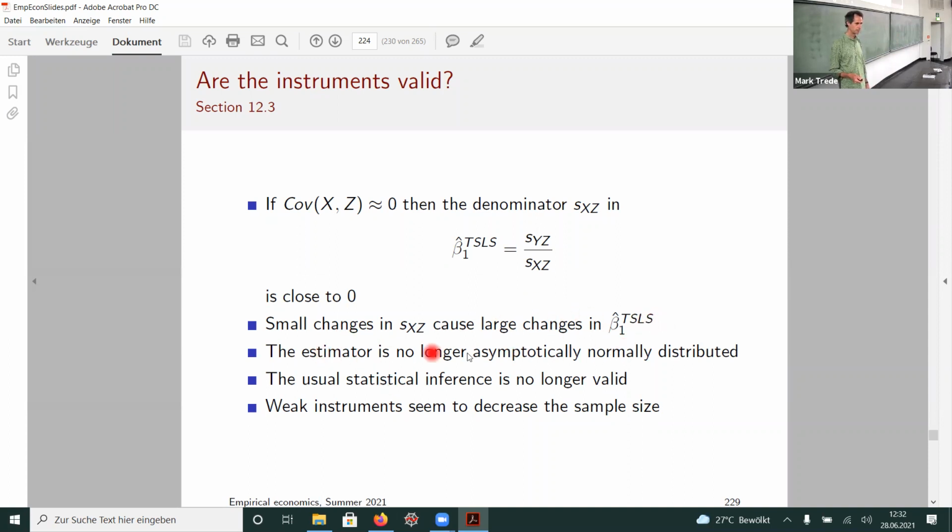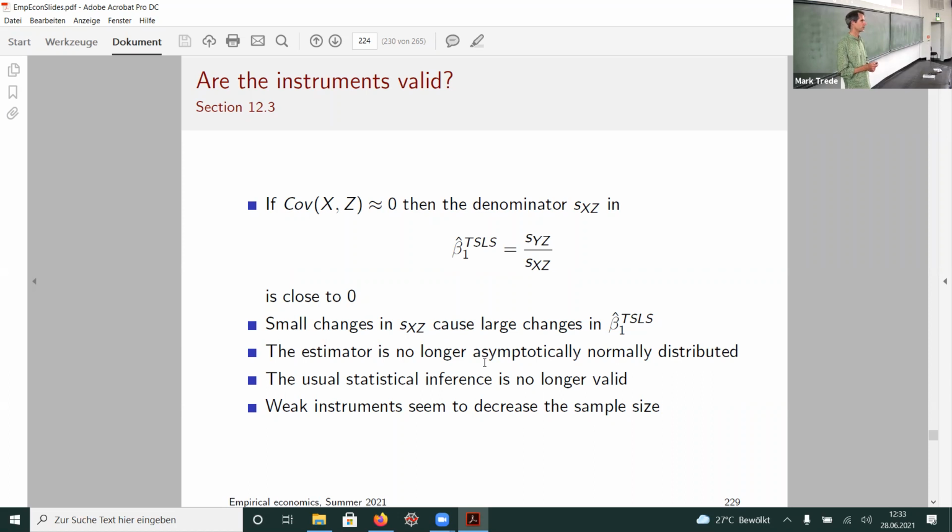So the estimator is no longer asymptotically normally distributed. So in other words, the confidence intervals that you construct are wrong. And wrong means, yeah, what does wrong mean? We can't be sure anymore that the error of first kind occurs with a certain percentage.